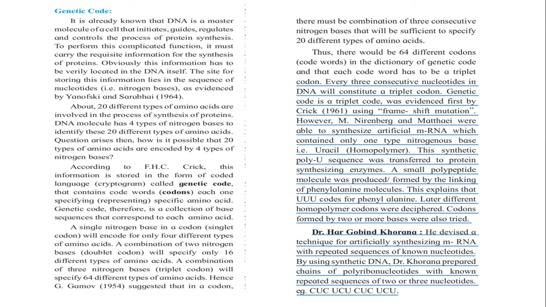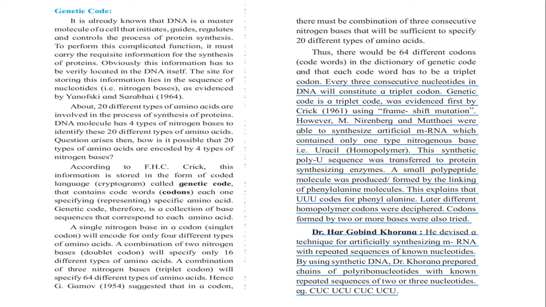Genetic code, therefore, is a collection of base sequences that correspond to each amino acid. A single nitrogen base in a codon will encode only 4 different types of amino acids. A combination of 2 nitrogen bases will specify only 16 different types of amino acids.